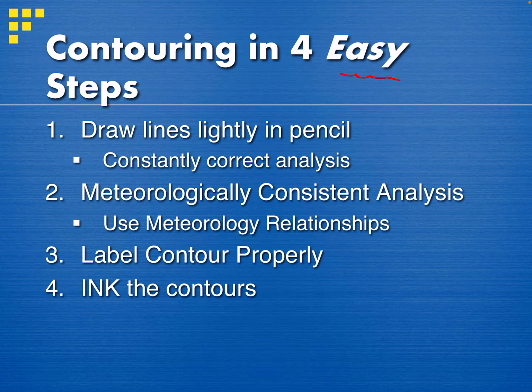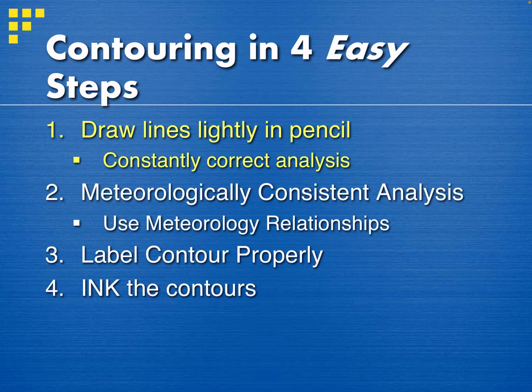One is first drawing lines lightly in pencil, or doing it electronically if you wish, as we want to constantly correct the analysis as we go along. Two, we want to make sure that whatever analysis we do is meteorologically consistent. Next to last, we need to label our contours properly, and then finally, in the end, ink them in, or finalize them, as we would say.